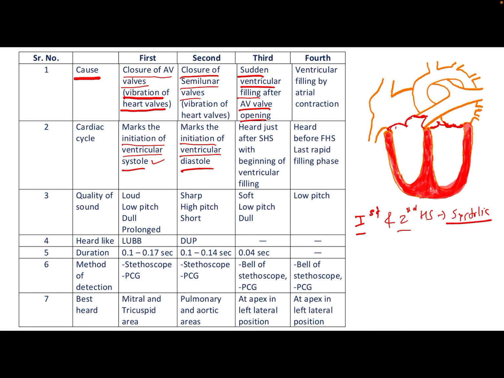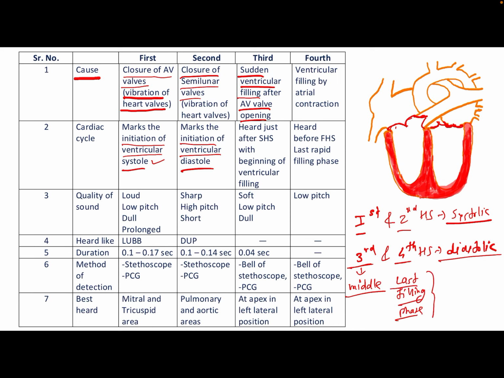And the third and fourth heart sounds occur during the diastolic phase. The third heart sound occurs during the middle of the diastole, and the fourth is during the last filling phase, the last filling phase due to atrial contraction.